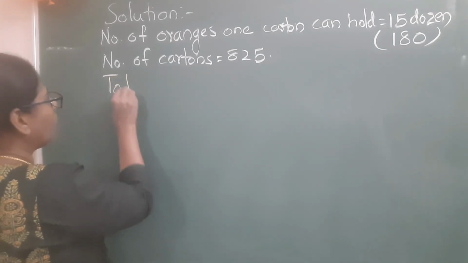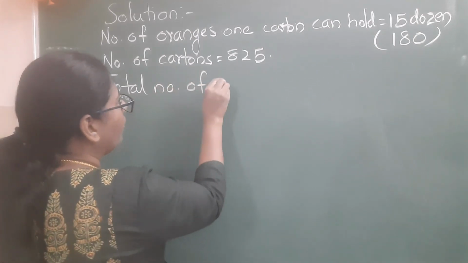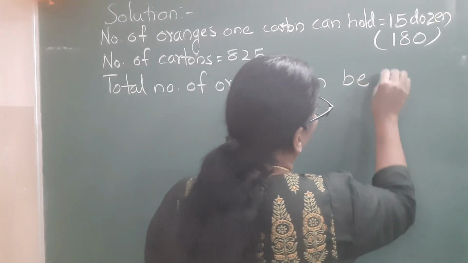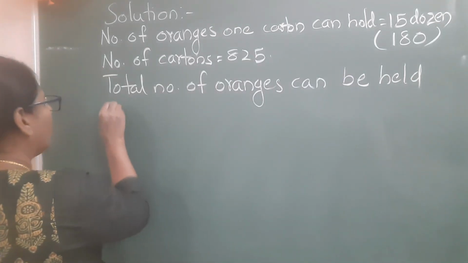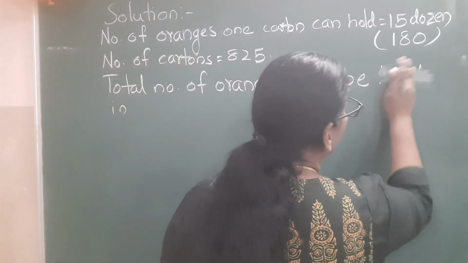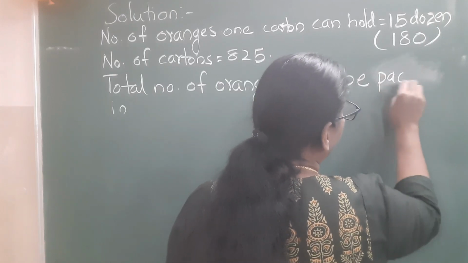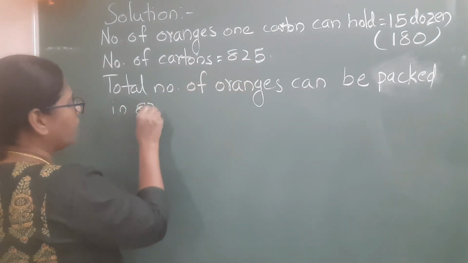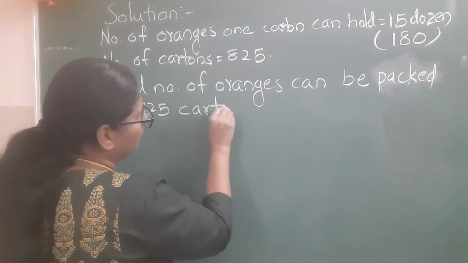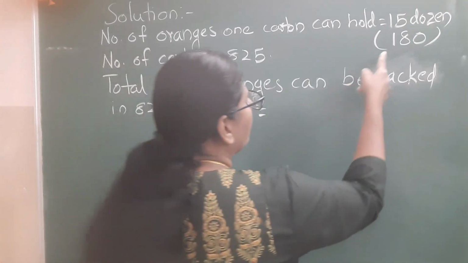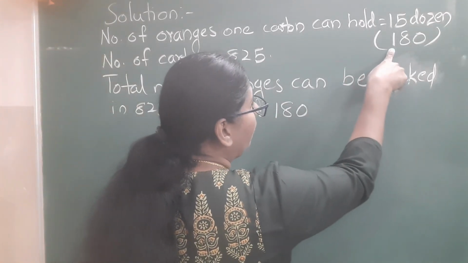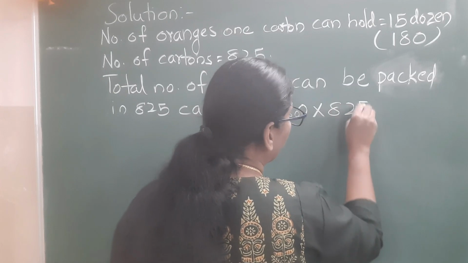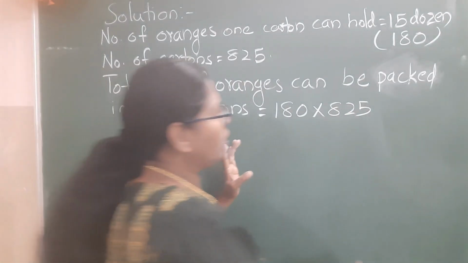So we have to find the total number of oranges can be held or packed in 825 cartons is equal to 180, that is the number of oranges in one carton, into the number of cartons, that is 825.